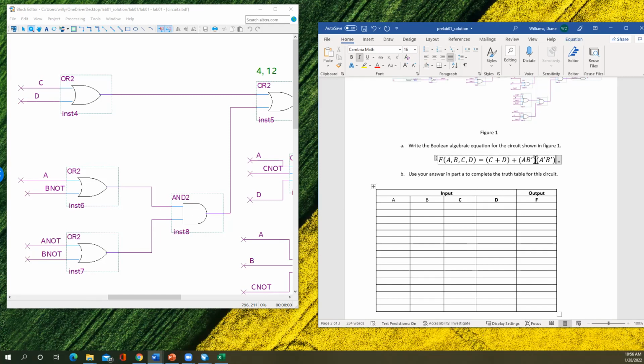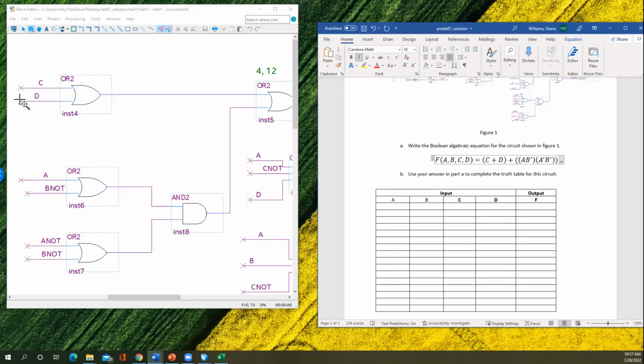Here's this AND gate here, ANDing these two together. This whole term here, if I try to put parentheses around things, is then ORed with this term.